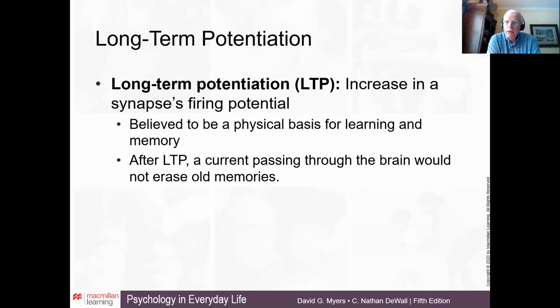And the hippocampus has rich concentrations of neurons that respond to the neurotransmitter acetylcholine. Acetylcholine is a neurotransmitter that's also been found to be important in the LTP process, long-term potentiation process, as new memories are being created and stored in our brain.